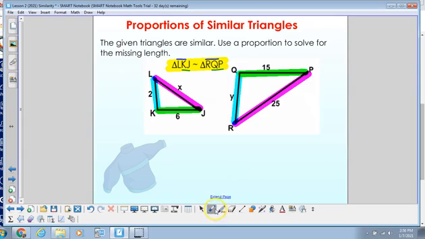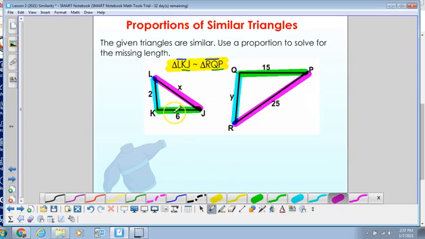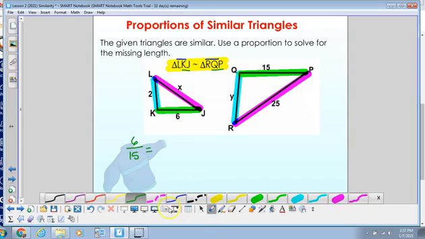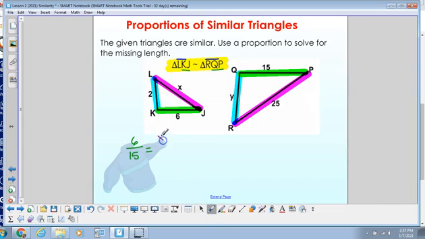So we're trying to find two values here. We have x and y. Since we know both of our green parts, we want to use that ratio in both of our proportions. We know that 6 over 18 is equal to, let's do our x's first, x over 25.